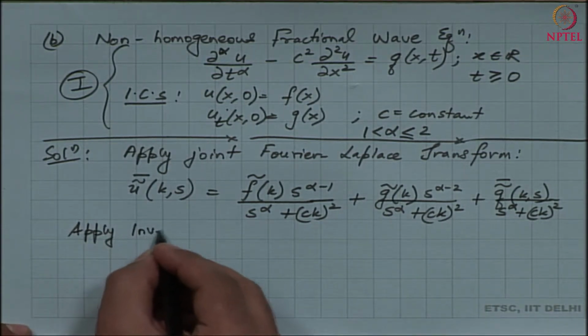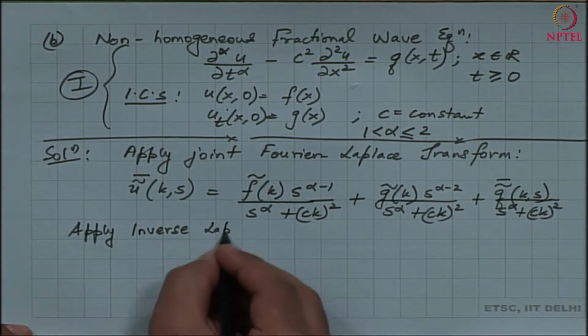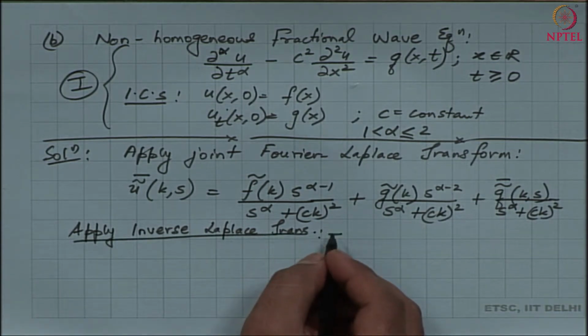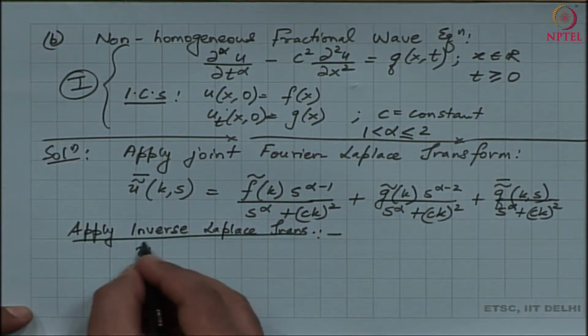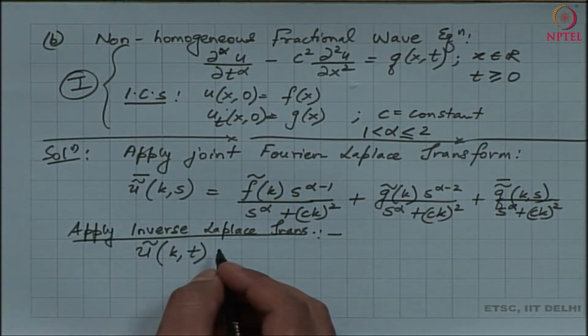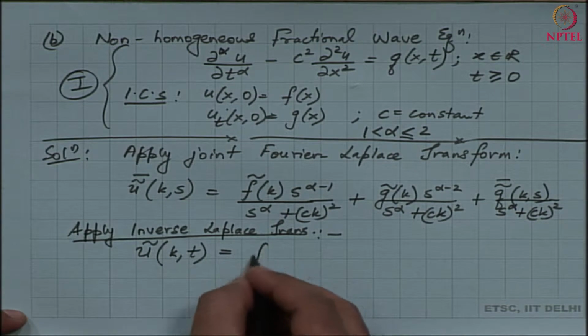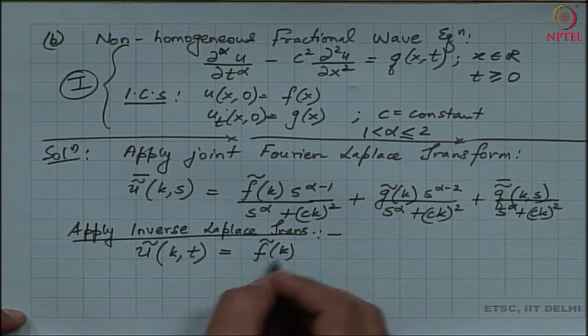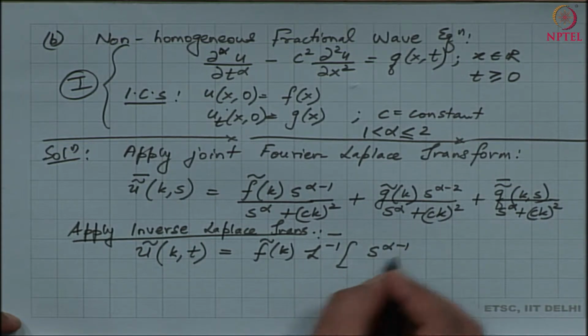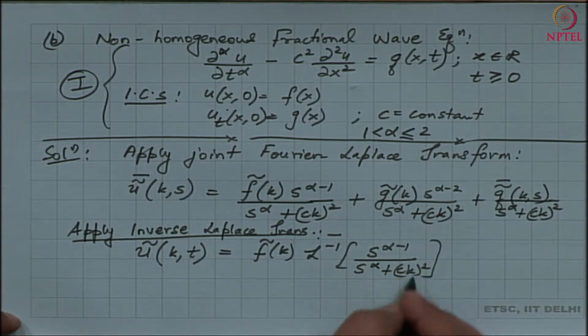To begin with, I am going to apply the inverse Laplace transform. If I do that, I get the solution in the Fourier space and physical time, which is given by f tilde of k, the Fourier transform of the solution in space, times the inverse Laplace transform of s to the power alpha minus 1 divided by s to the power alpha plus c k squared.